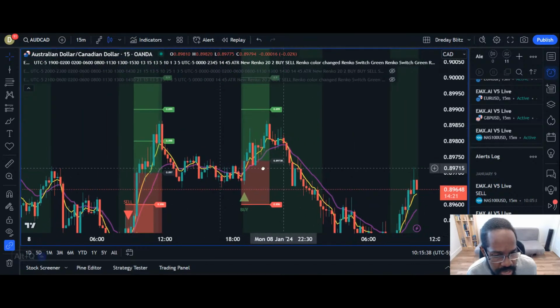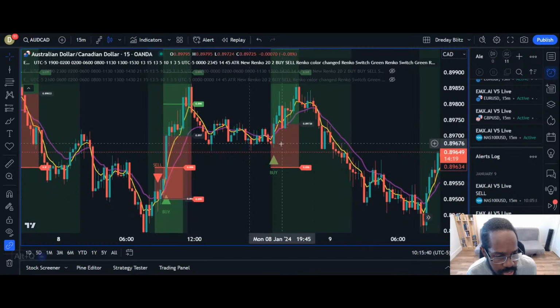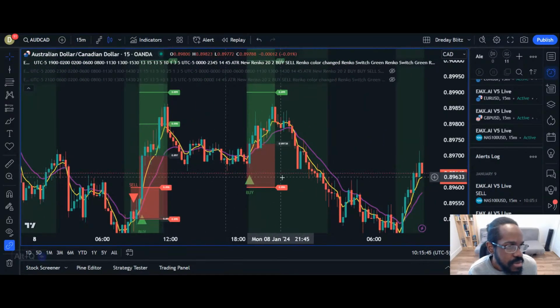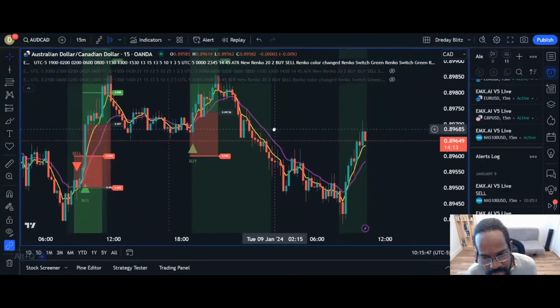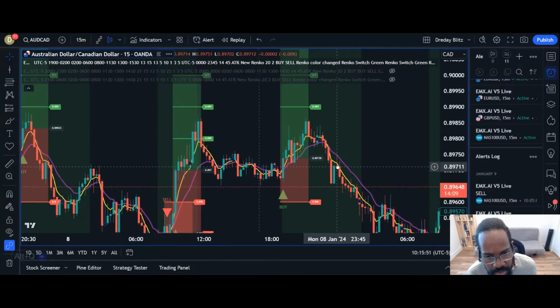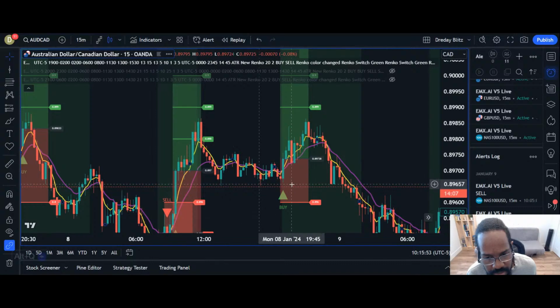So this would be the best time to trade AUD CAD. Okay. So as you can see, there were some setups that are not there anymore, right? And we have new setups that came in. So this is the best setup here based off of the time. So at 7, we had a buy AUD CAD.